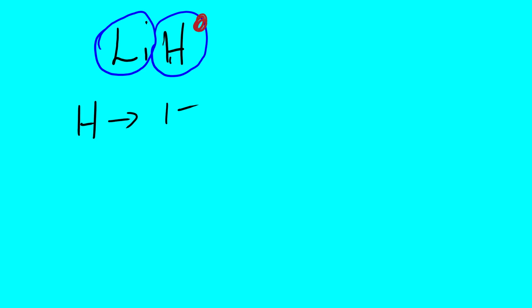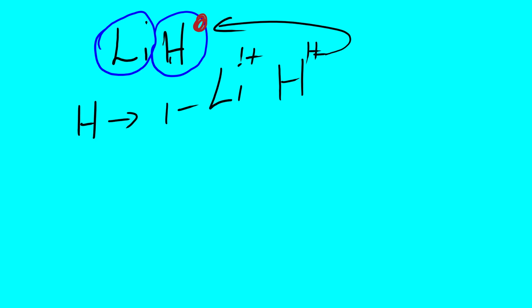So in this case, hydrogen needs to be negative. Lithium is a metal from group number 1, so it's positive. So positive 1 plus negative 1 should give us 0. Hydrogen cannot be positive because 1 plus 1 will be 2 instead of 0.